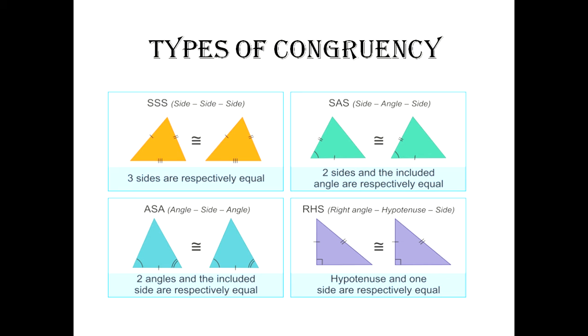So here in the two green triangles we can see that this side and this side of the different triangles are equal. Also this side and this side are equal because both of them are marked with a double stroke, and this angle is equal to this angle because both of them are marked with a single stroke. So which means that these two triangles are congruent.